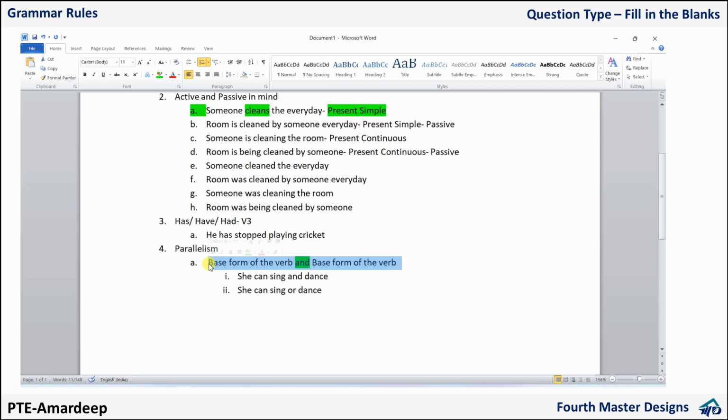Before coordinating conjunctions, like for, and, nor, but, or, yet, so.